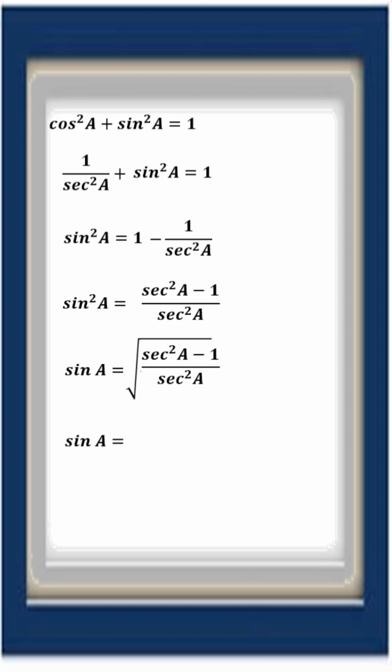In the denominator, we can take square root of secant square A, that is secant A. So the answer is square root of secant square A minus 1 over secant A. This is the solution.